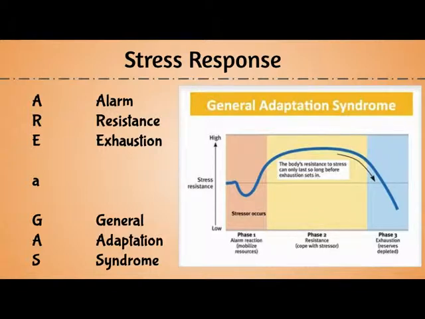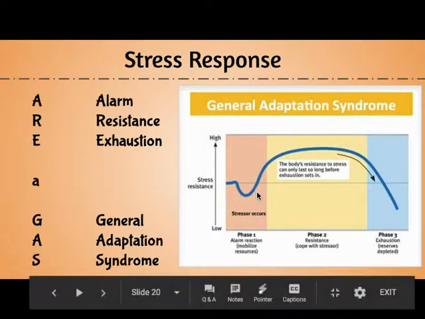And then the stress responses are GAS: alarm, resistance, exhaustion, the general adaptation syndrome. In phase 1, you're not resisting stress at first, because our body is meant to go through some stress, so I mobilize my resources.